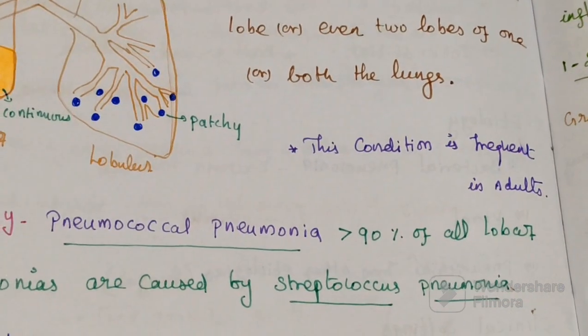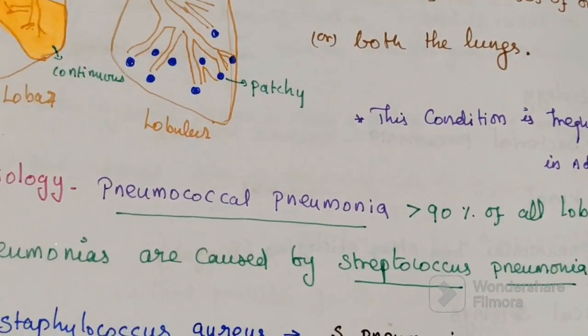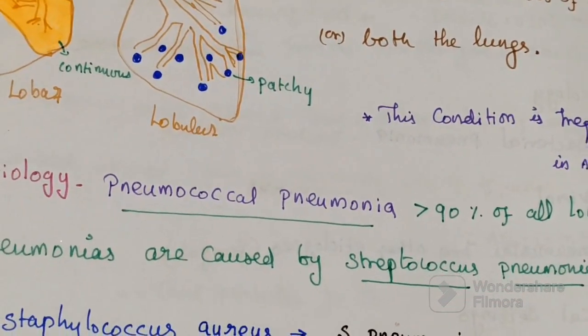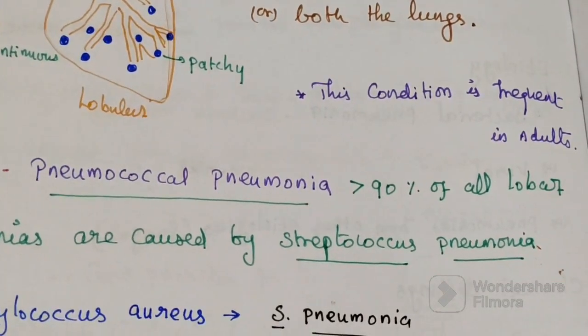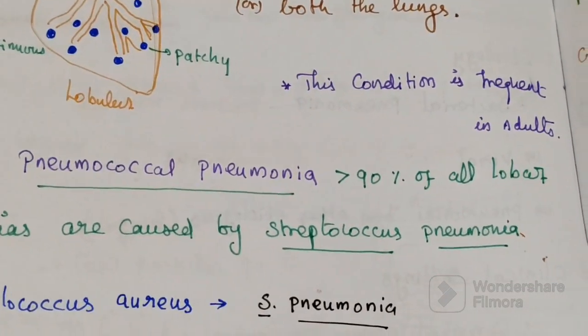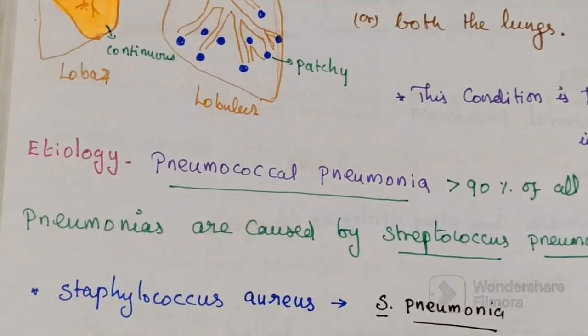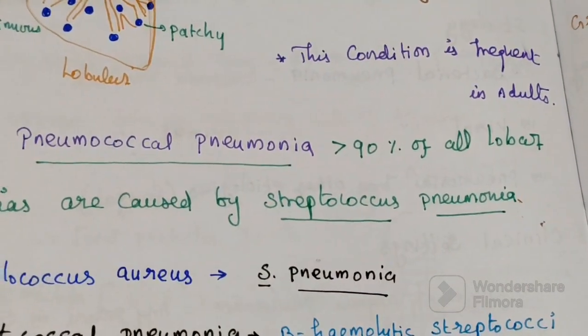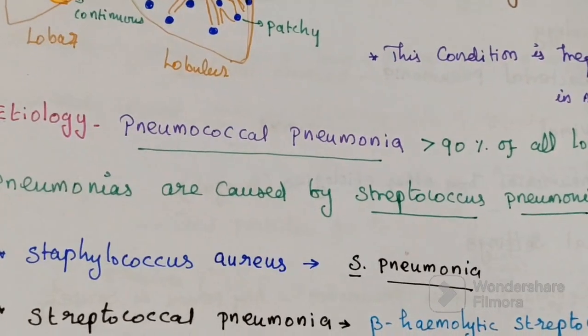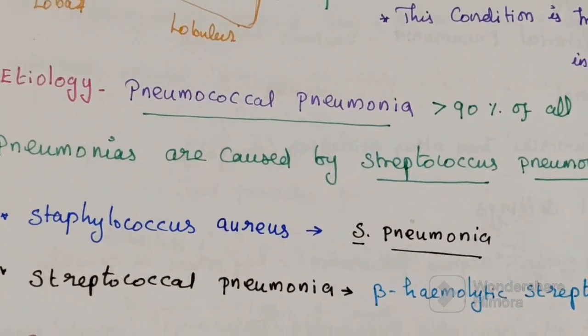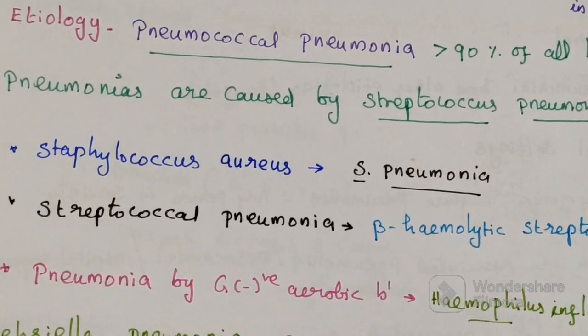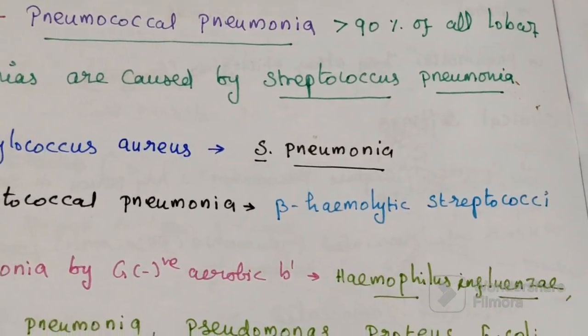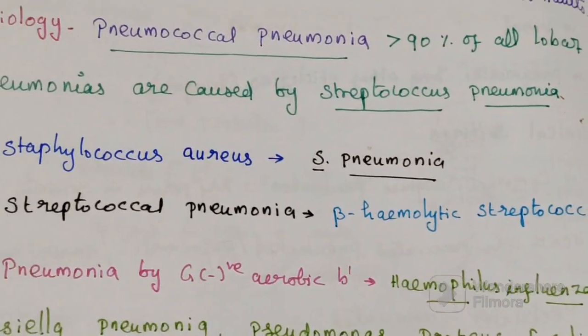The most common bacterium causing bacterial pneumonia is pneumococcal. More than 90% of all lobar pneumonias are caused by Streptococcus pneumoniae, then Staphylococcus aureus, then beta hemolytic streptococci.